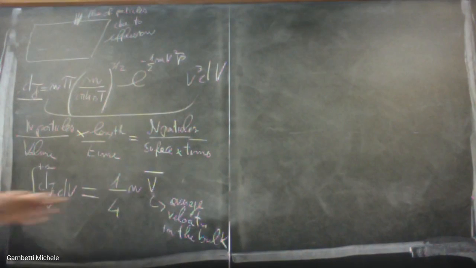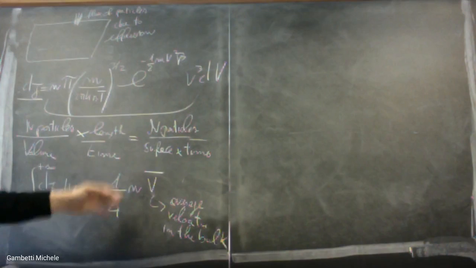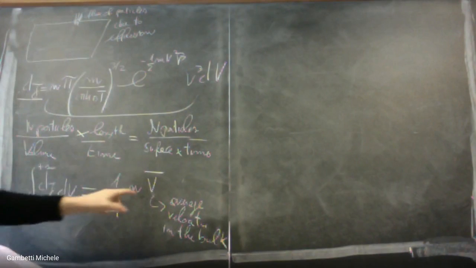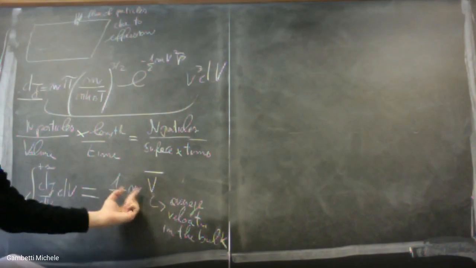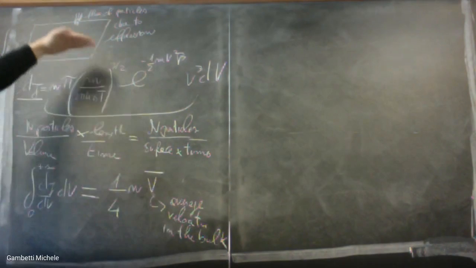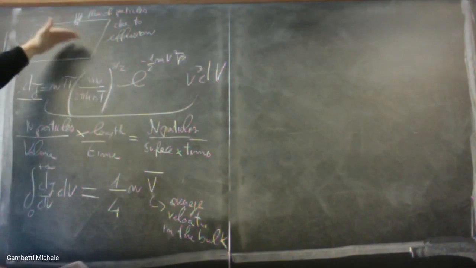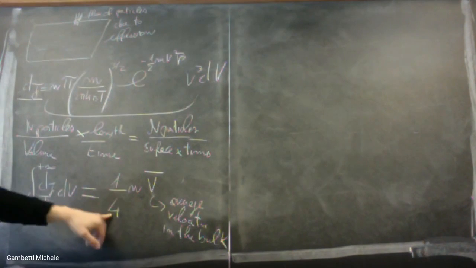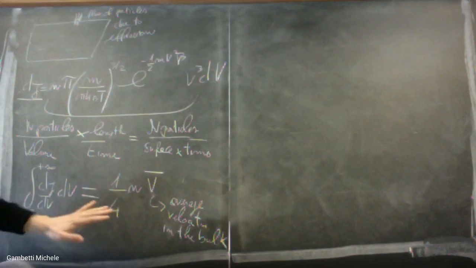And this relation is telling me that the flux that I have here can be computed as the flux that I would have on crossing, let's say, a generic surface inside the bulk, divided by a factor of 4. That's it.